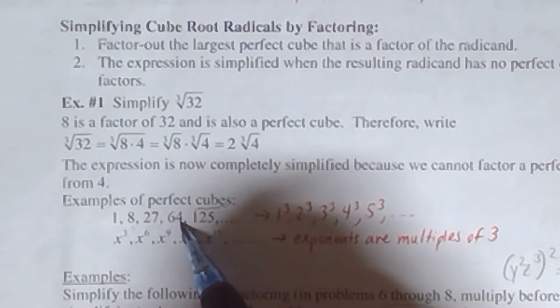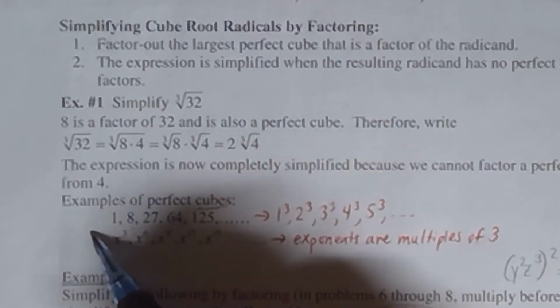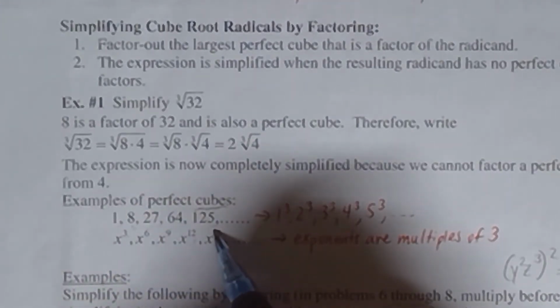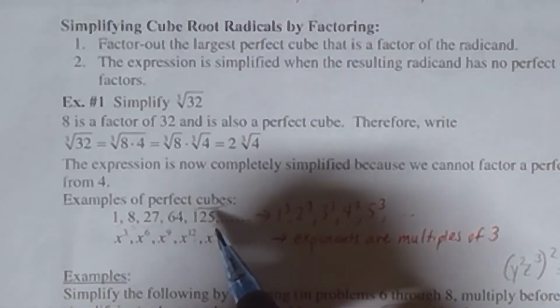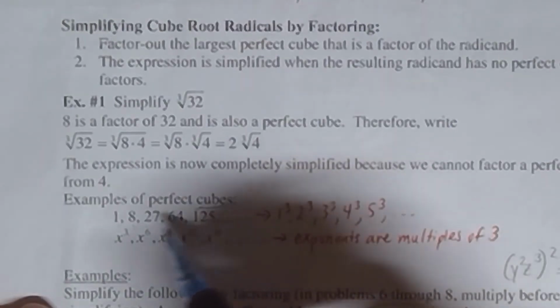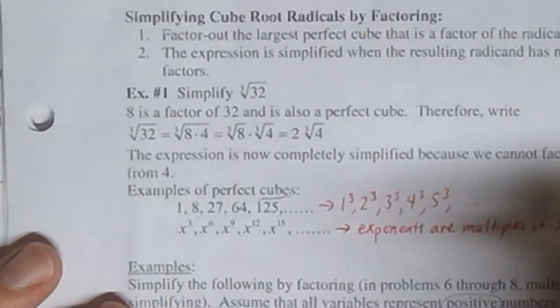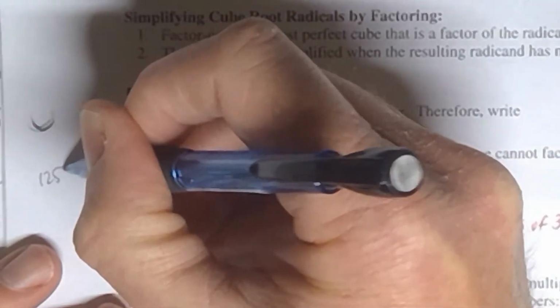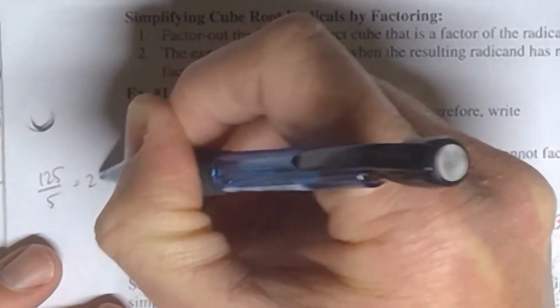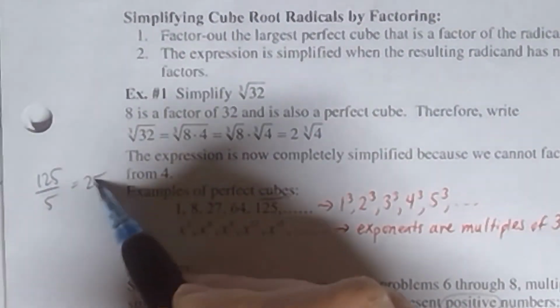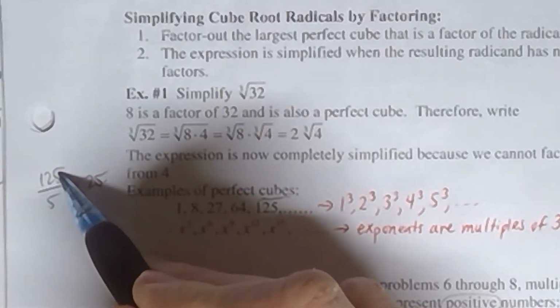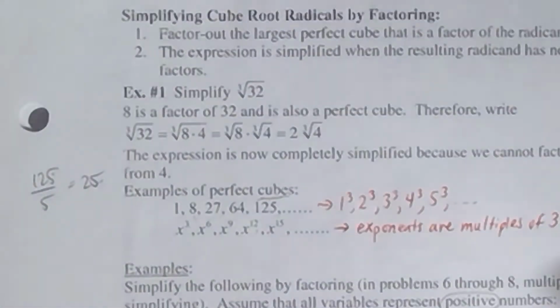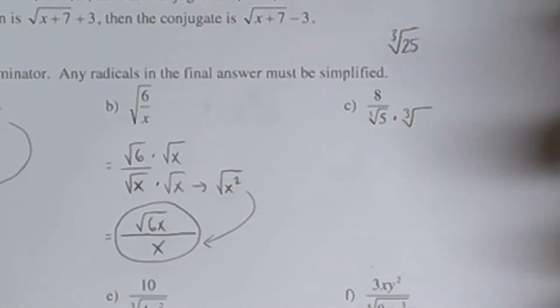5 times what is 64? No, that doesn't work either, because 64 divided by 5 doesn't divide evenly. How about 5 times something equal to 125? Well, if you put 125 divided by 5 into your calculator, you'll get 25. And so that must mean that 5 times 25 is equal to 125.